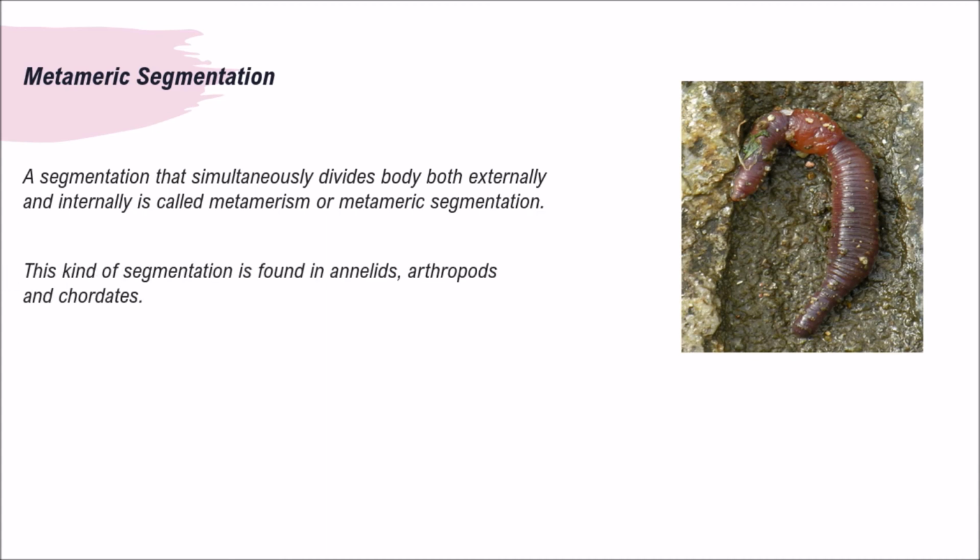This kind of segmentation is found in annelids, arthropods and chordates. When we see arthropods, annelids or chordates, we can find lining or structures on them which are present both externally and internally. These are called metameres.